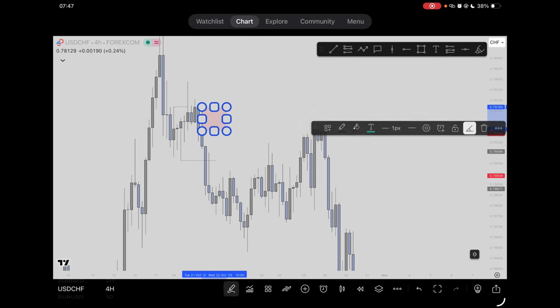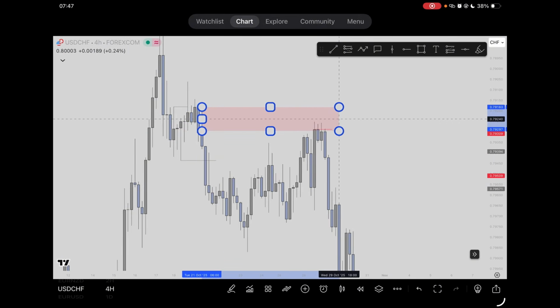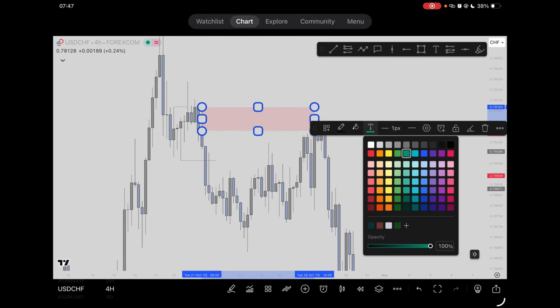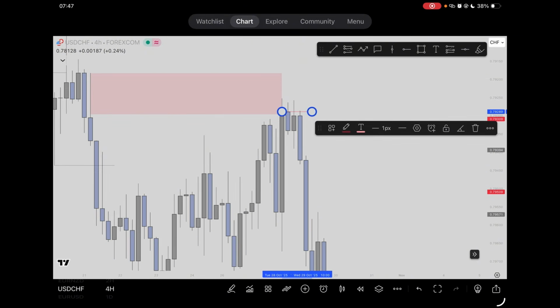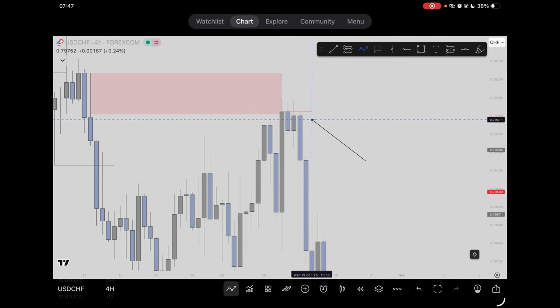I'm using supply because I don't want to get into POIs yet. It goes into there, and what can you see? Rejection right here. If you're trading confirmation, immediately at this key level you'd have found your confirmation to go down.